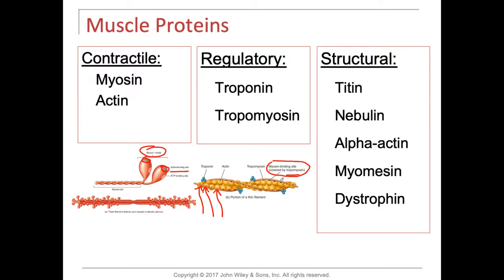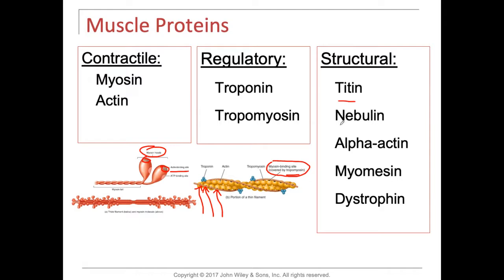Myosin heads must make contact with the binding site on actin. But tropomyosin is blocking it. And troponin is holding tropomyosin in place to make sure that those binding sites are not exposed. Just want you to get that so far.